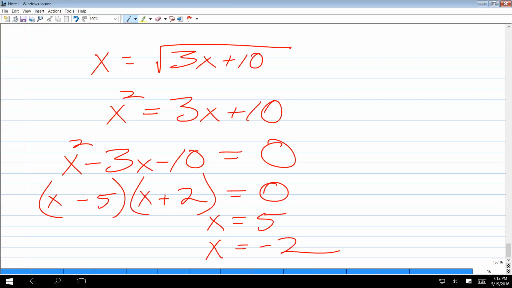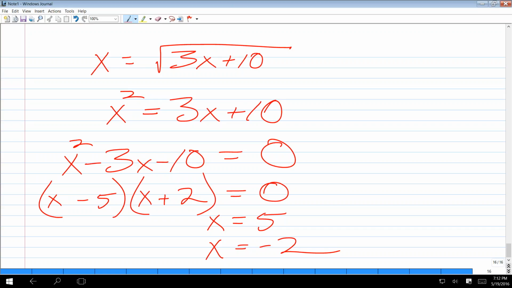Now, whenever you have radicals in an equation, you frequently will produce an answer that is extraneous. In this case, it's not. In other words, both of these answers work. No, they don't. Minus 2 does not work.